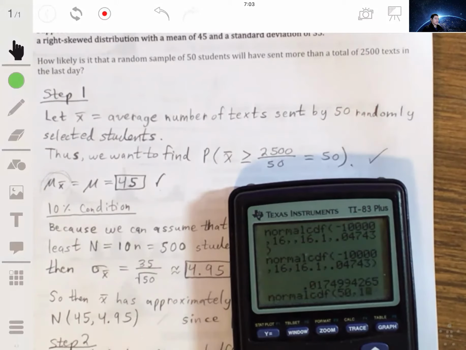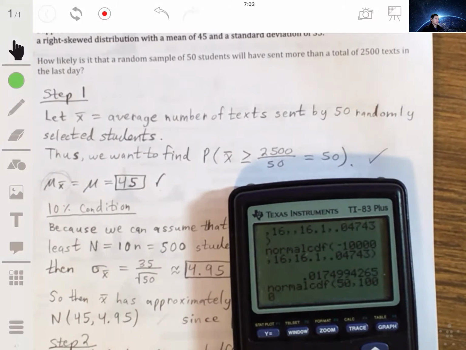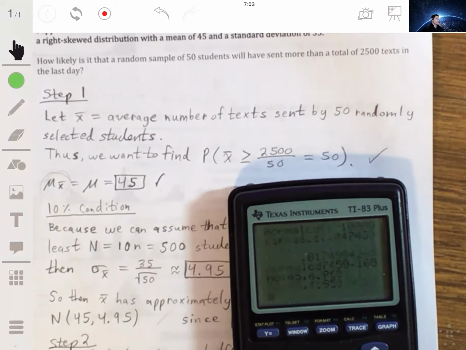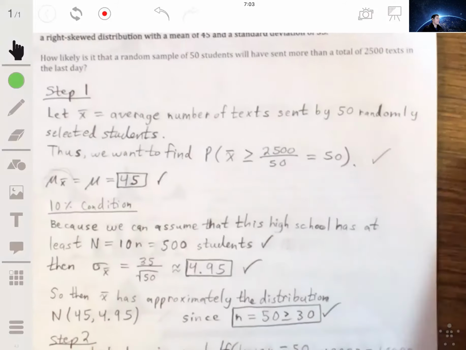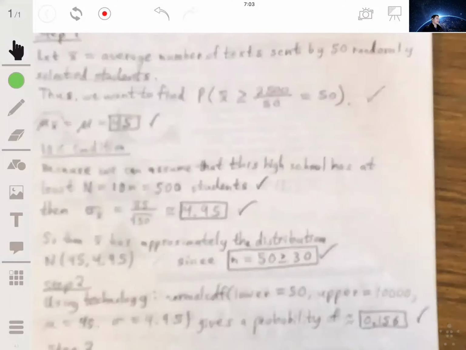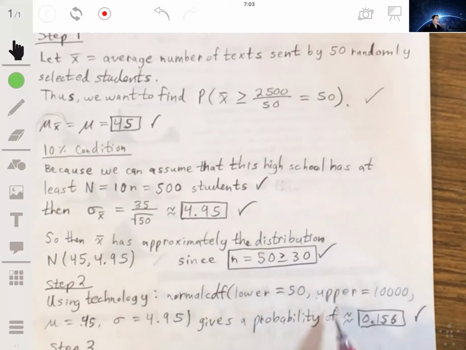Our upper will be, we can say, 10,000. So comma 10,000. Mean of 45 and standard deviation of 4.95. And we'll get about 0.15. So again, just make sure you write something that explains how you got your answer.